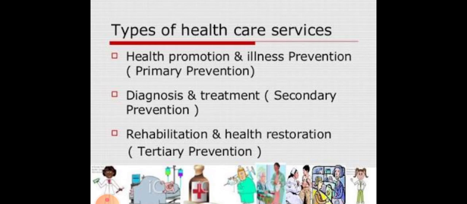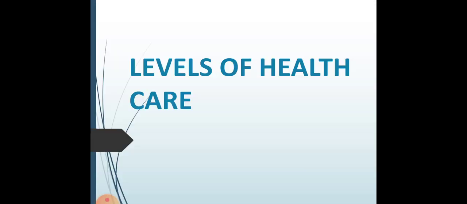In secondary prevention, the focus is early detection as well as treatment. That is why it includes early diagnosis and treatment. For the last level, tertiary prevention, it talks about rehabilitation and health restoration, especially for the chronic illnesses of our client.